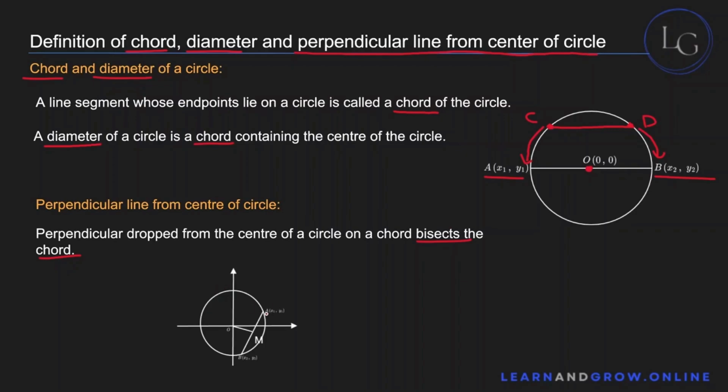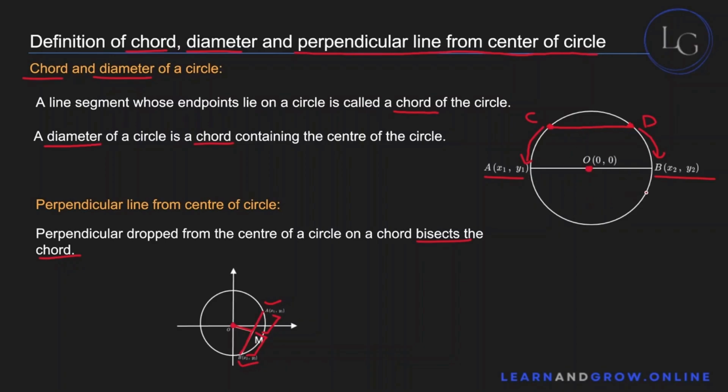If you draw this chord that runs from this point A to this point B, and then you look at the center of the circle, which is this point O, if you draw a line that runs from this center to the chord, it bisects the chord. So basically, this half of the line and this half of the line are both equal, right?